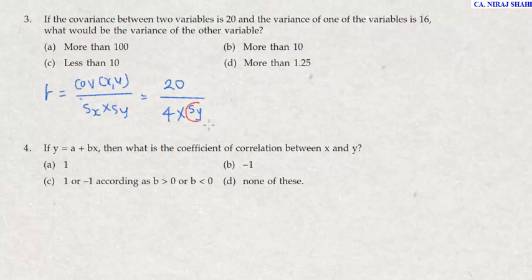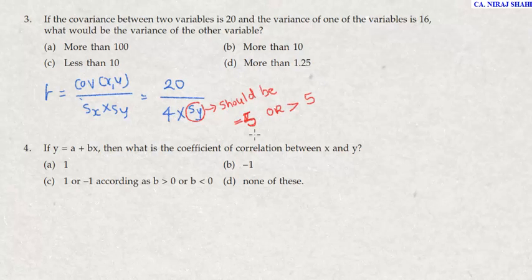This sy should be equal to 5, so that we can get 20 in the denominator, 5 into 4. Or it should be greater than 5, so that we can get the multiplication greater than 20 here, and the answer of r will be below +1.